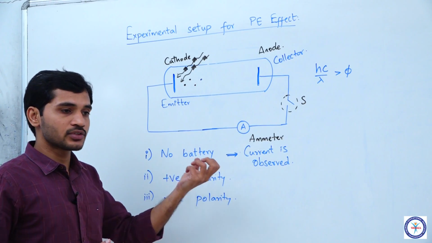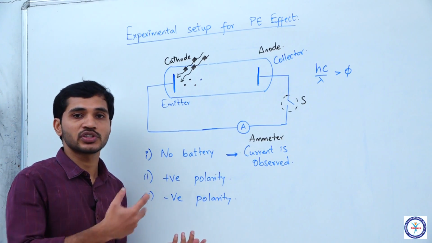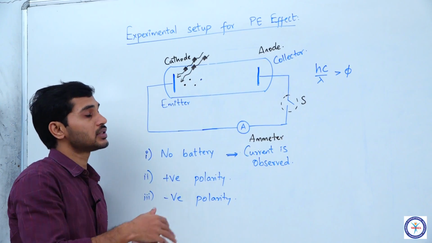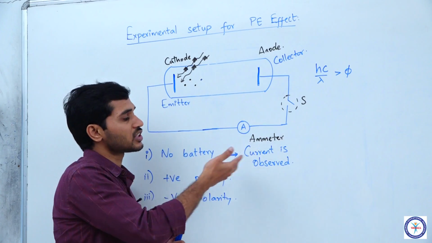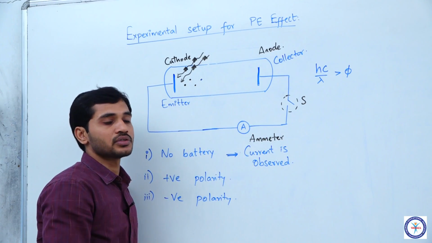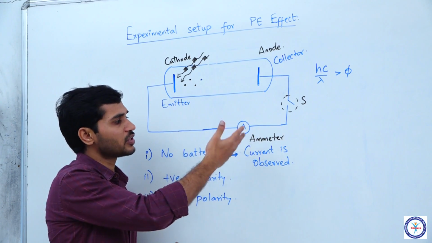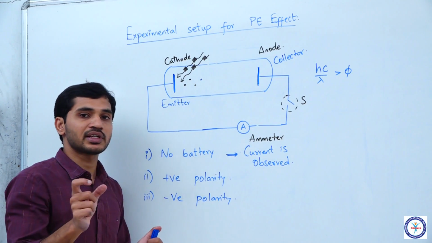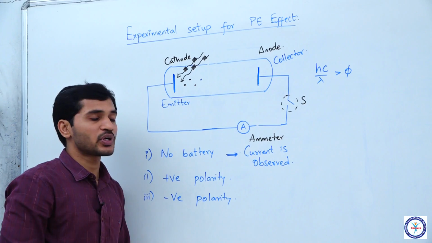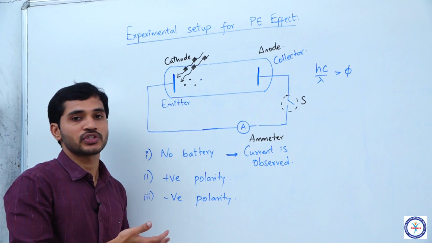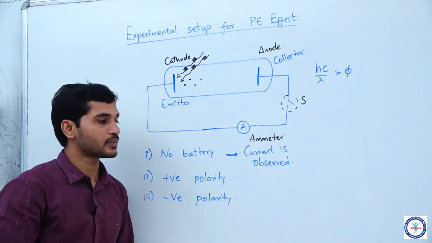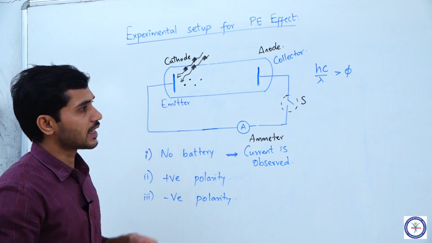There is no battery, there is no external source making the electrons move. Electrons are being produced by the light, and those electrons are the ones moving in this circuit. So, whatever reading the ammeter records is because of the light which is producing it. That is the reason we call it photocurrent, photo meaning light.